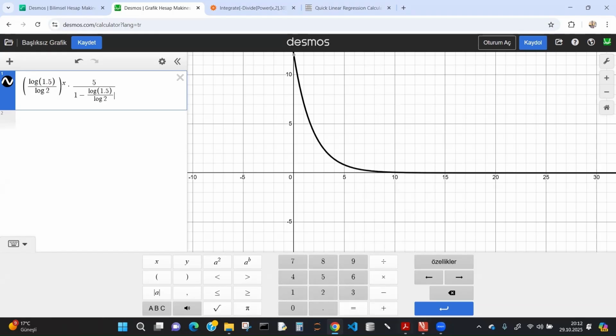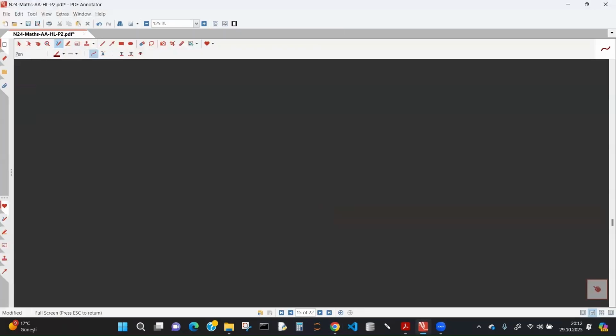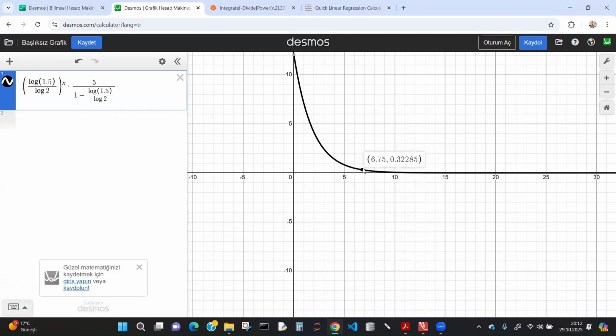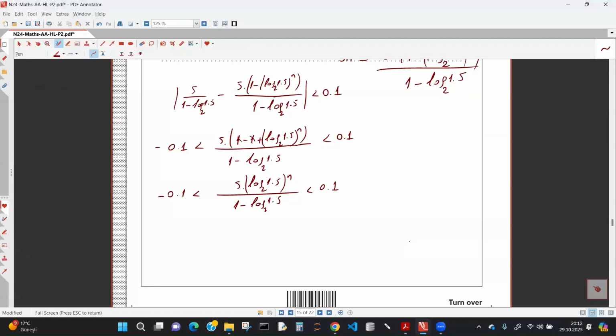And it needs to be less than 0.1. Let's check where. As you see, we will choose n 9, and 9 at least.